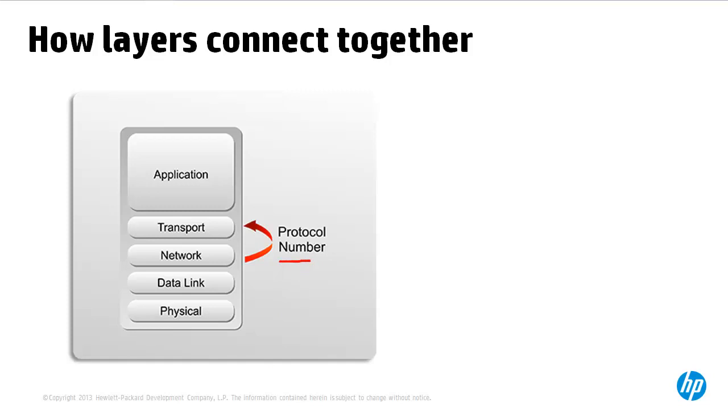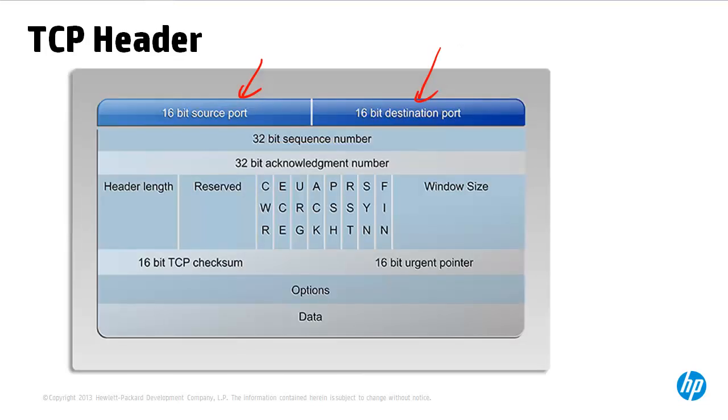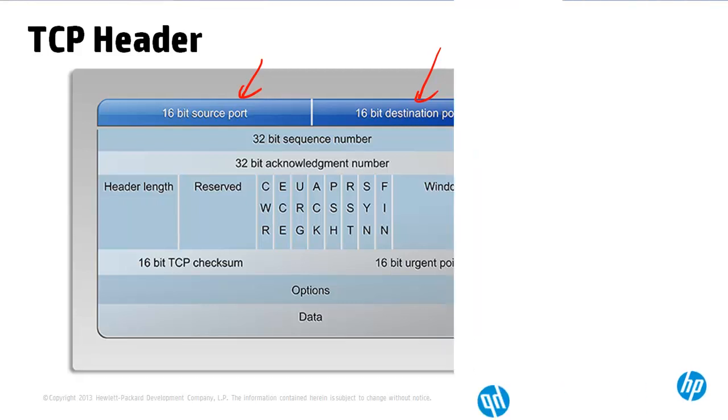So in the IP header, TCP or UDP is identified via the protocol number, and the port number is used to identify higher layer protocols at the transport layer. So the port numbers in the TCP header are identifying both the source and destination ports in a conversation. In other words, identifying the higher layer protocols.